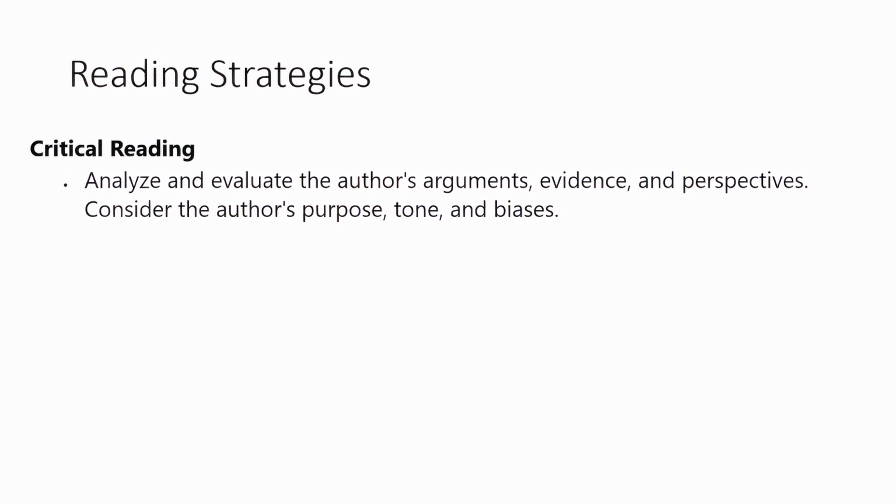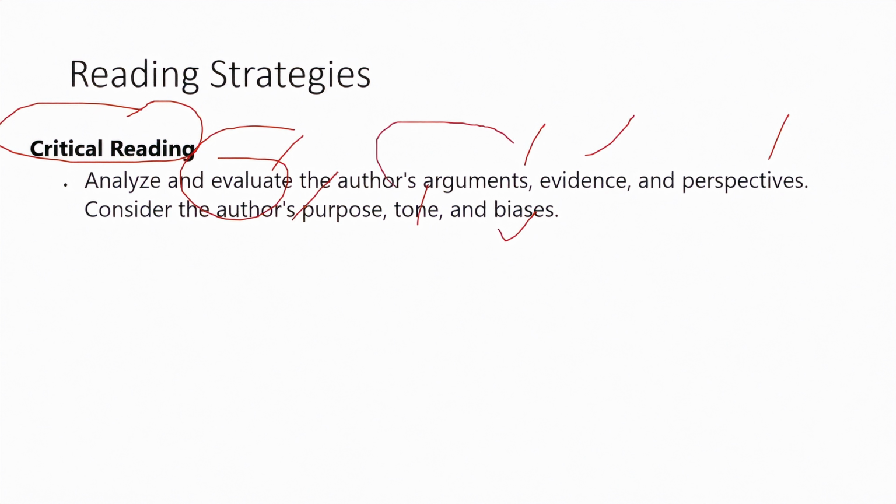Another very important strategy is critical thinking. Analyze and evaluate the author's arguments, evidence, and perspectives. Consider the author's purpose, tone, and biases. So, reading between the lines, you try to evaluate what argument the writer is taking, what evidence has been provided, and what perspectives have been discussed in this text.